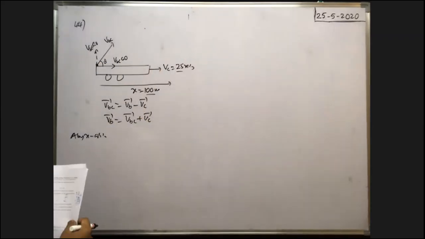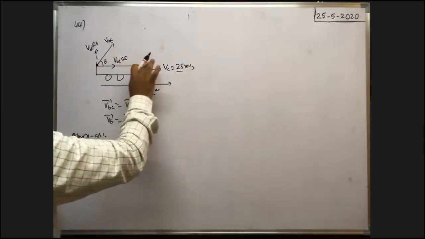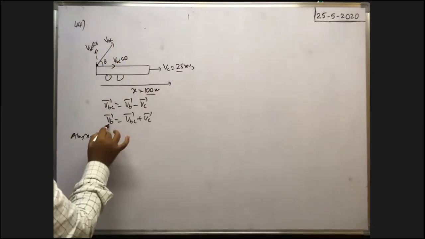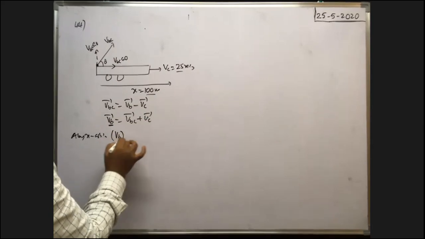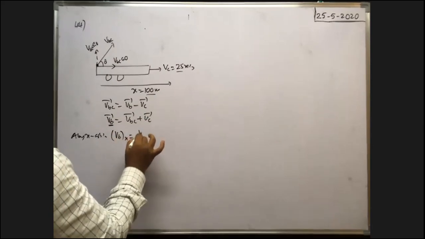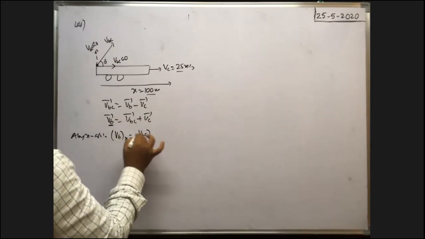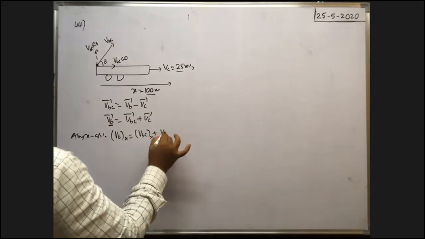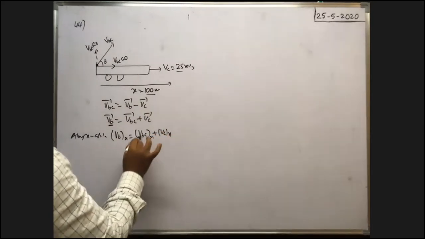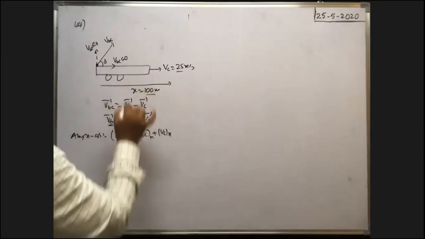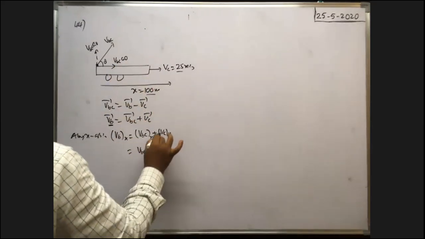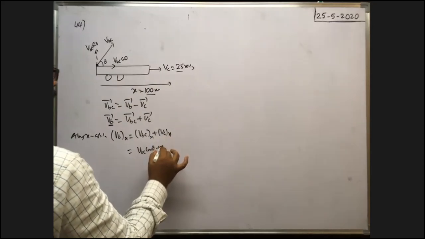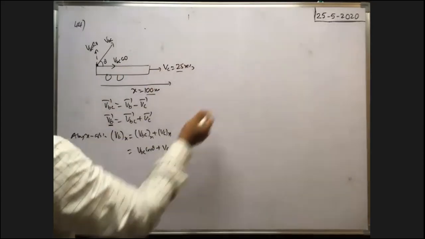That's why, to find the range, we need the horizontal velocity of the body. To find the horizontal velocity along the x-axis, the velocity of the body along the x-axis is equal to the velocity of the body with respect to car along the x-axis plus the velocity of the car along the x-axis. Velocity of the body with respect to car along the x-axis means VBC cos theta, plus the velocity of the car along the x-axis, which is Vc only, because it travels along the x-axis only.